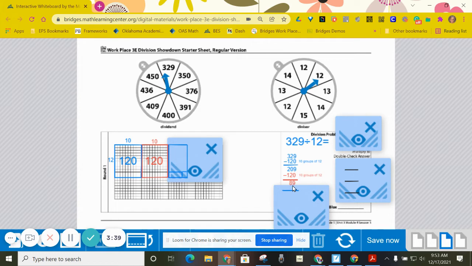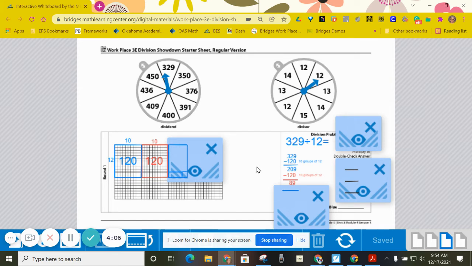So what they've got to do now is think about how many 12s they could use to use up the 89 they have. In other words, I'm going to draw a rectangle that's as close to 89 as I can, but one dimension of that rectangle is 12.